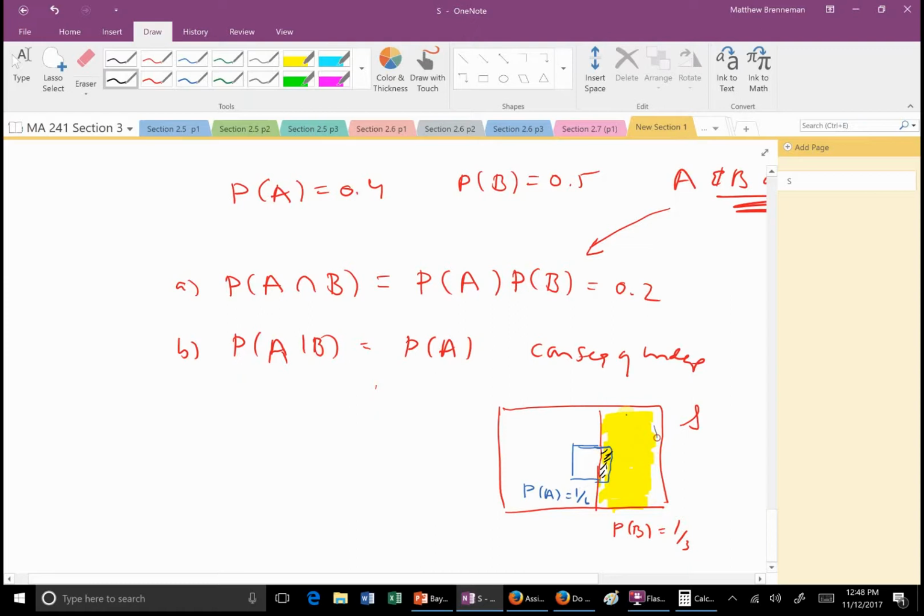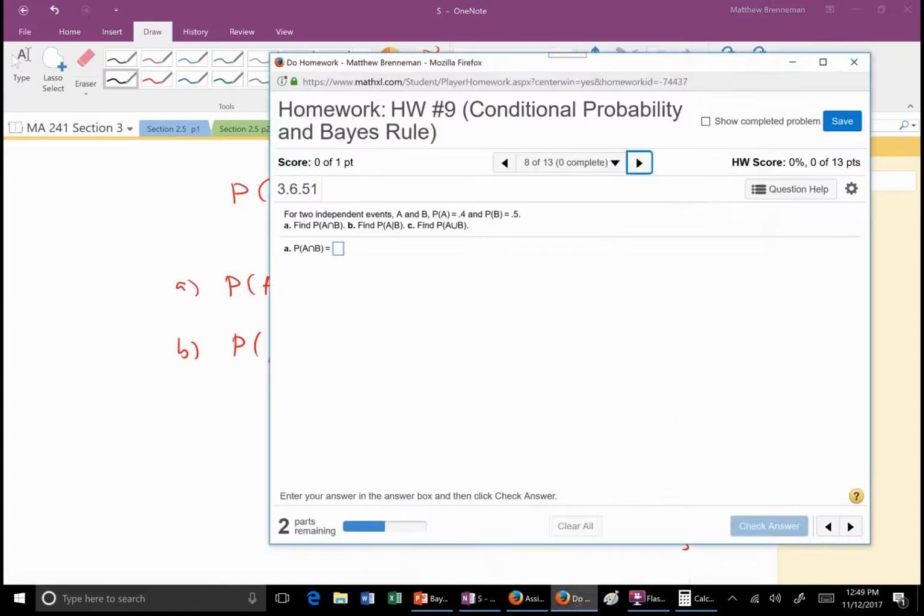If I look at the sample space, 1/6 of the population of S is in A. So this is what this formula means essentially. This is a good diagram to look at and think about.